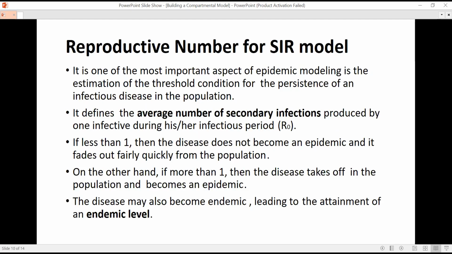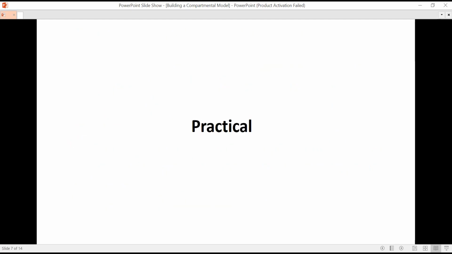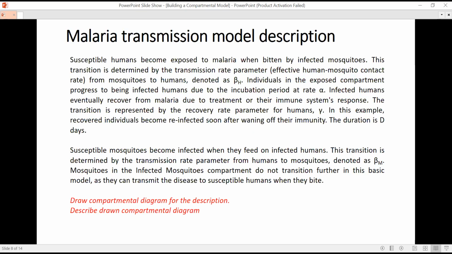That is the practical for today. We're just going to improve our skills on describing this flow diagram through the compartments. And for today, we have a case on malaria model description.